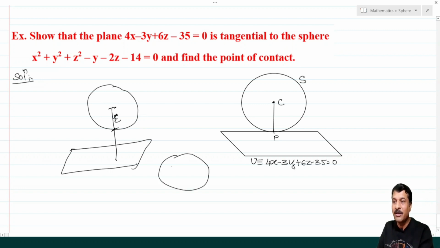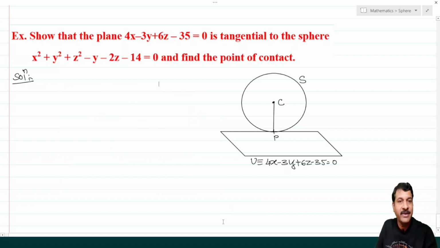Second: one sphere and here the plane, and if we draw from the center, suppose the radius is greater and that distance is less than the radius, then the plane cuts the sphere. And in this case, if the radius of the sphere and the perpendicular distance are both equal, then the plane touches, or is tangential to, the sphere.